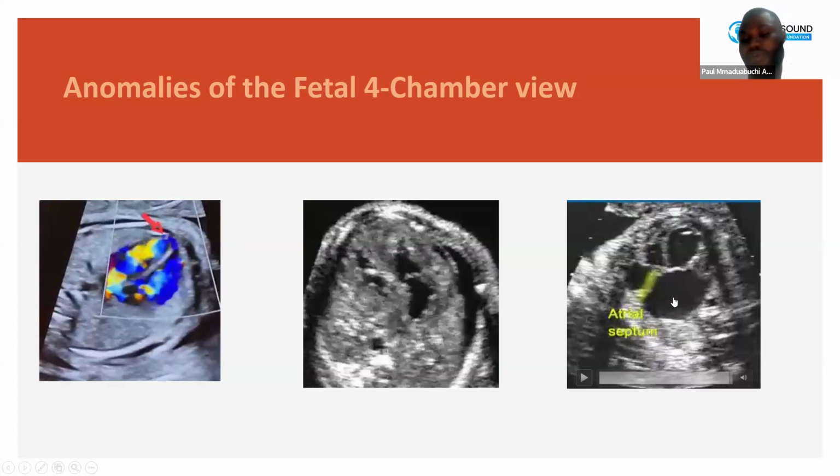But in this case, in utero, you have the left atrium expanding, aortic stenosis causing it to force the closure of the foramen ovale.